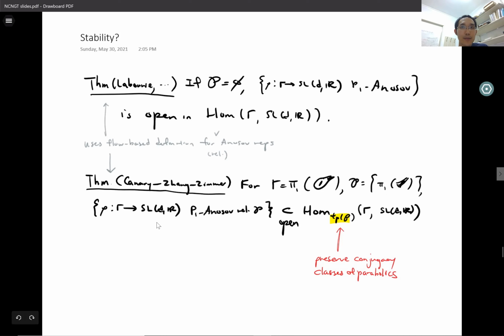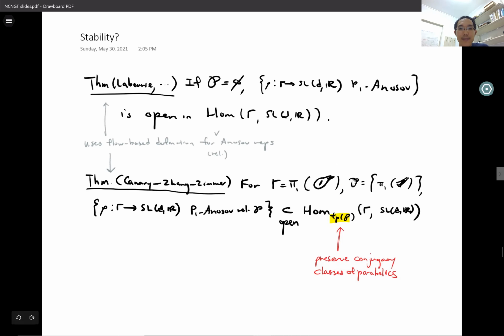And to do this, they also used a flow-based definition for relatively Anosov representations, which generalizes Labourie's definition for Anosov representations. In work in progress with Andy Zimmer, we are trying to generalize this to more general relatively hyperbolic groups.